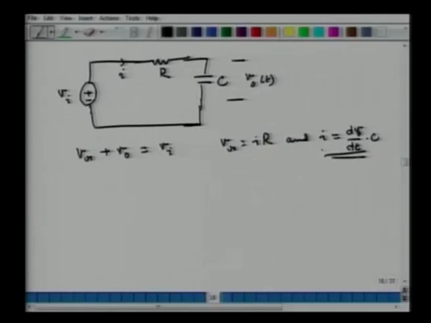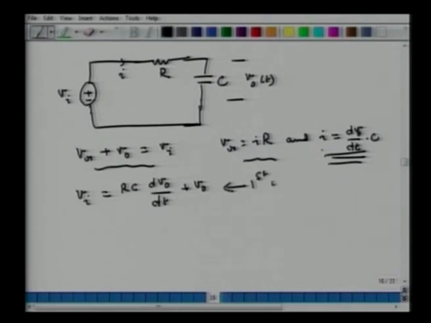If I synthesize all these relationships, what I essentially get is Vi equals RC dV naught over dt plus V naught, and what you have here is a first order linear differential equation.